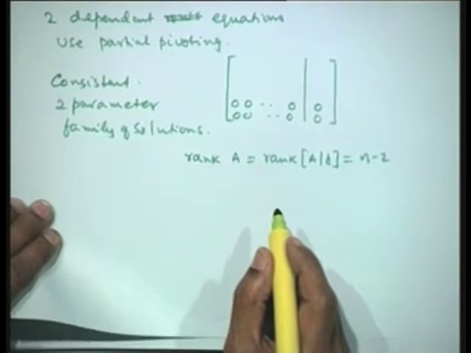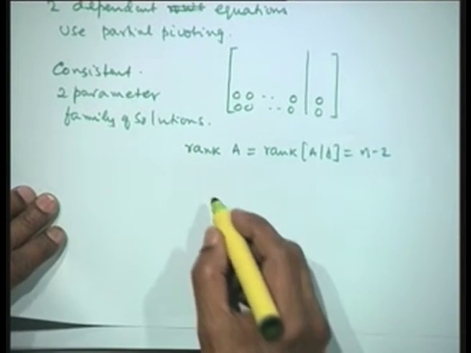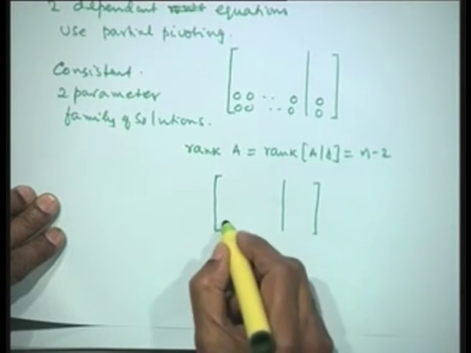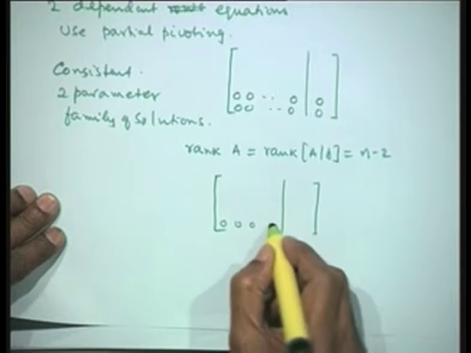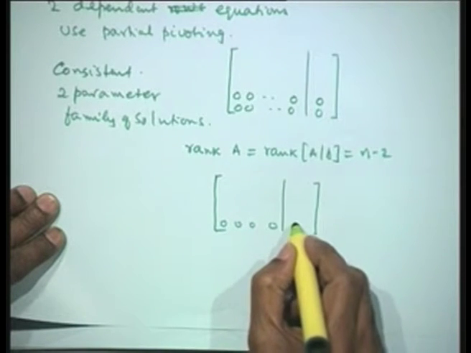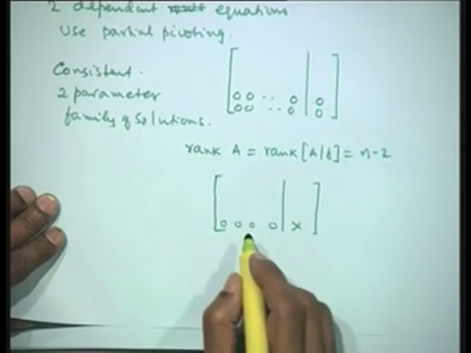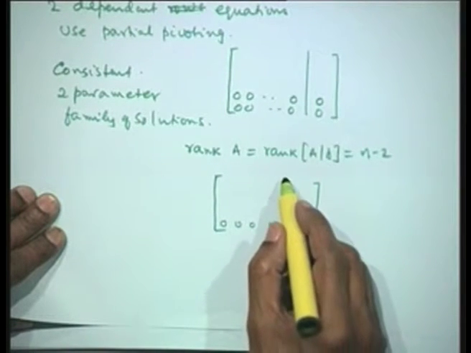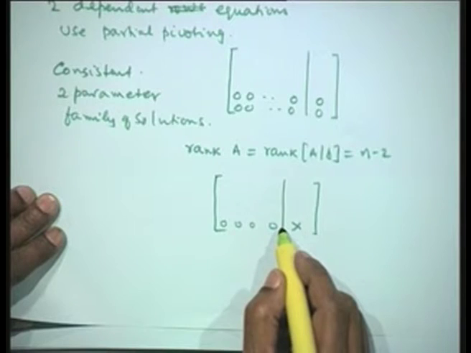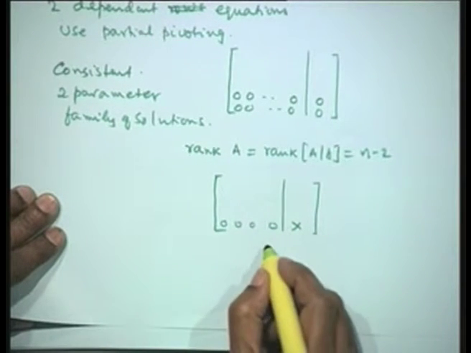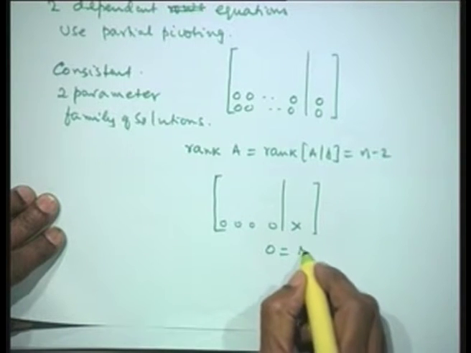Now, suppose this system was inconsistent, then what would happen here is I would get something like this: 0 0 0 0, it gets eliminated and you have some non-zero number over here. And now we have inconsistency, because when you multiply by the vector x, this will be 0 is equal to a number. So, what we would be producing is 0 is equal to a number.